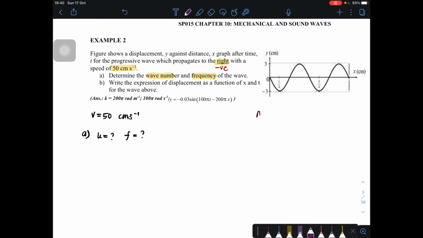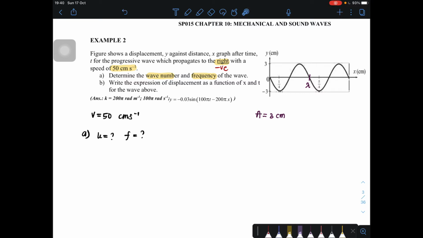So the value for amplitude is 3 cm. And also since this is displacement against distance, for one complete cycle, what we can get here is the value for lambda. So here will be the value for lambda. What is the value for lambda here? We need to figure out.